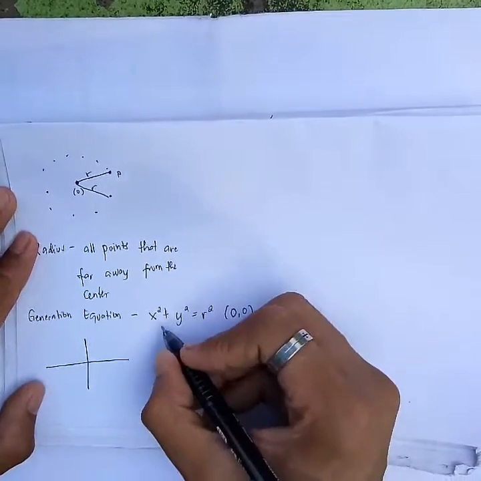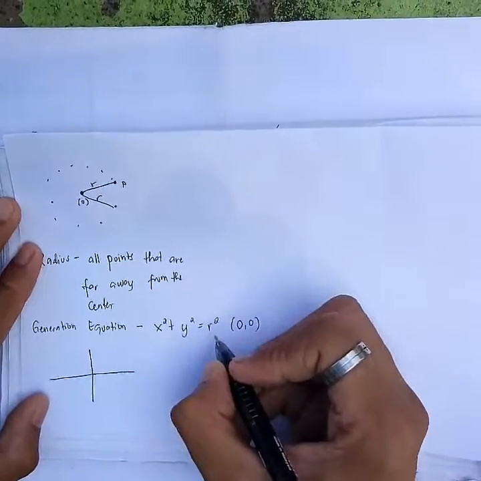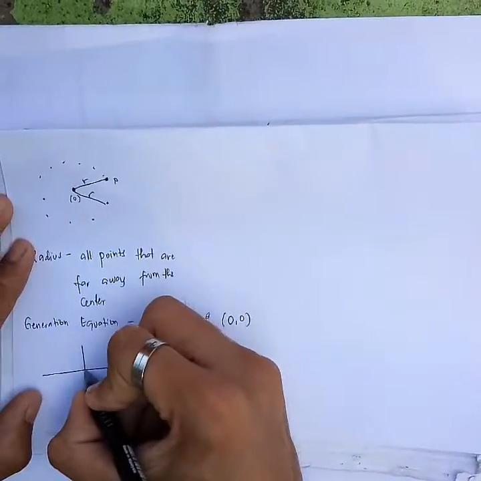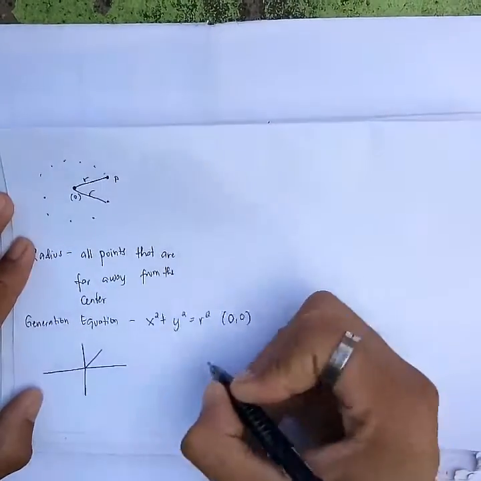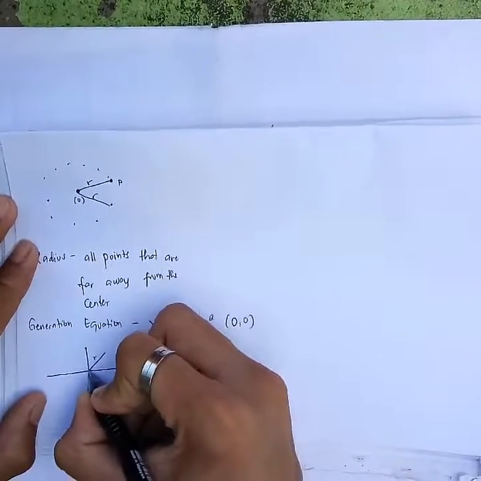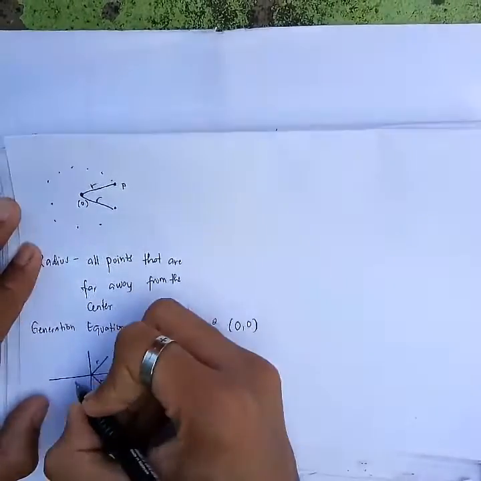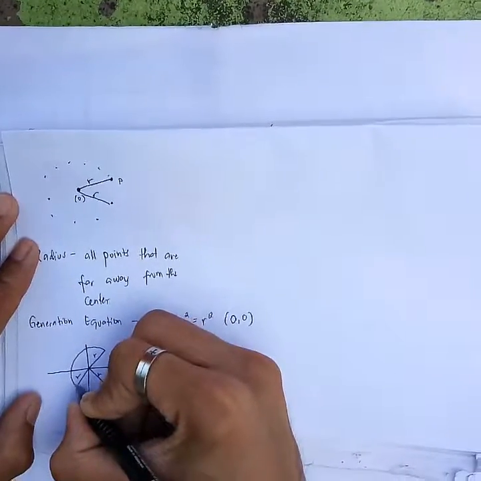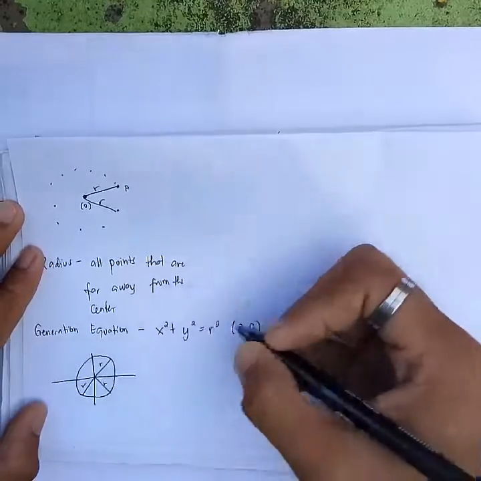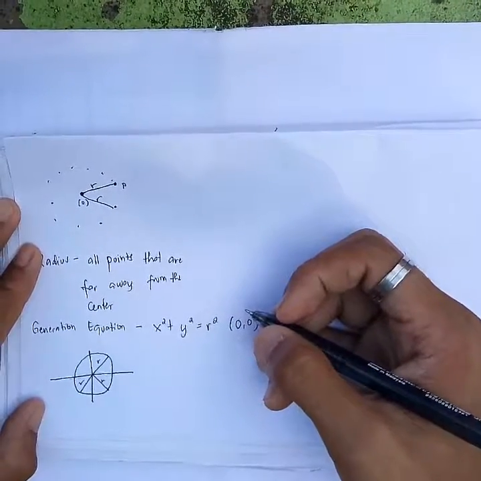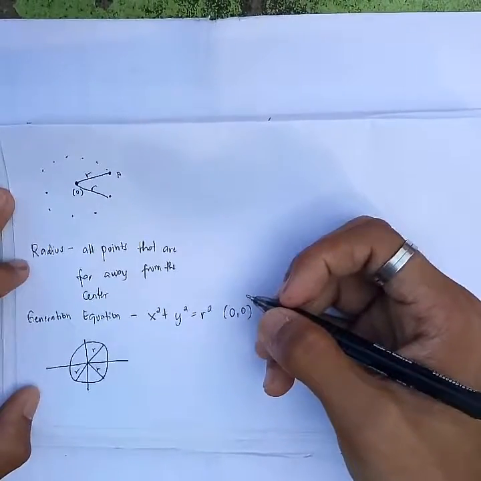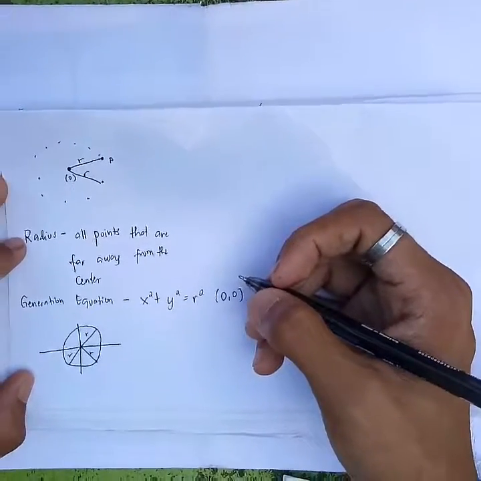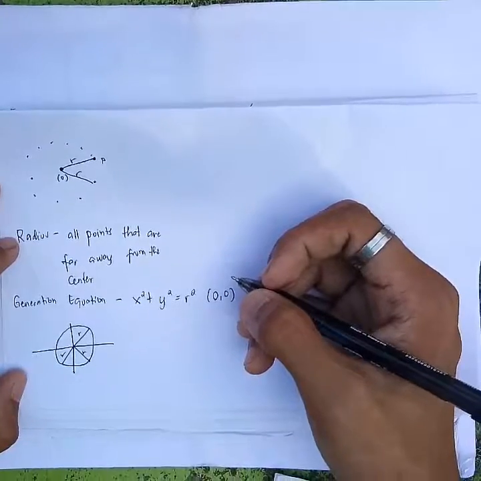If we do have the equation x squared plus y squared is equal to r squared, the center of this is 0, 0, like this. This equation is the extension of the distance formula, and the distance formula is the extension of the Pythagorean theorem.